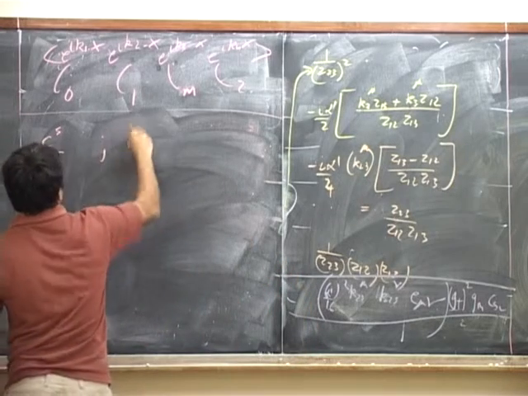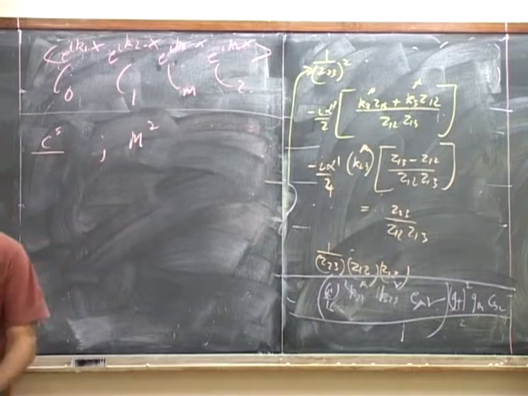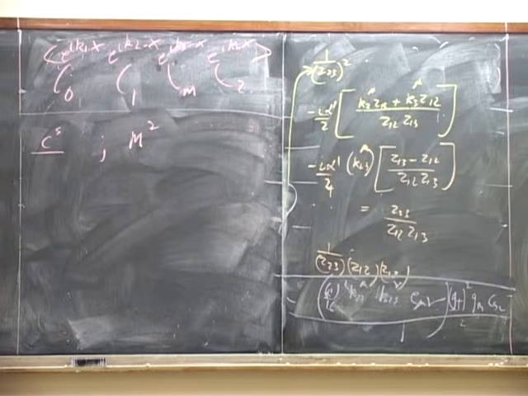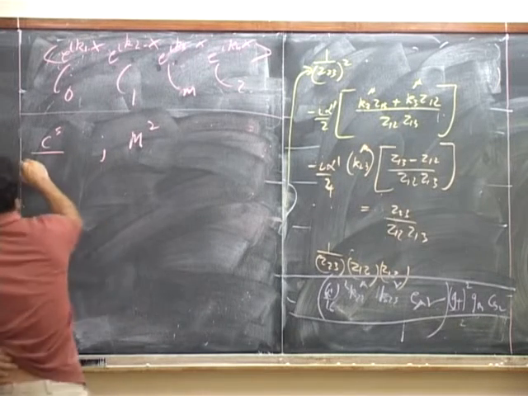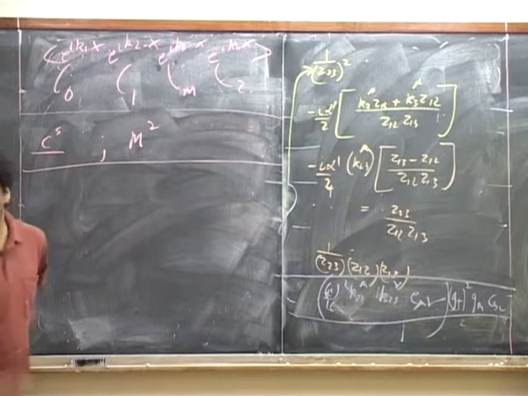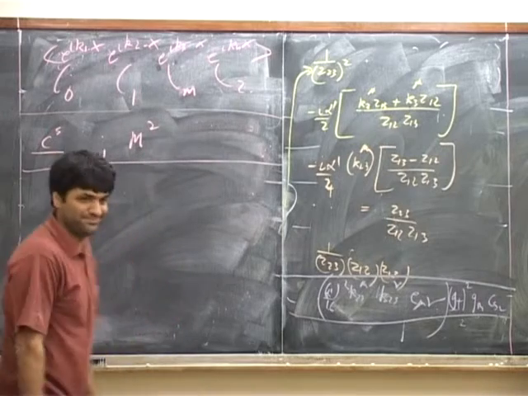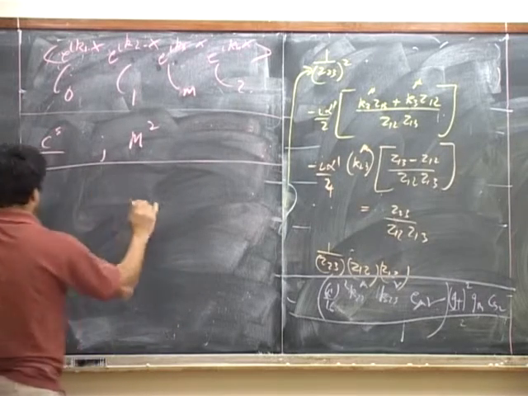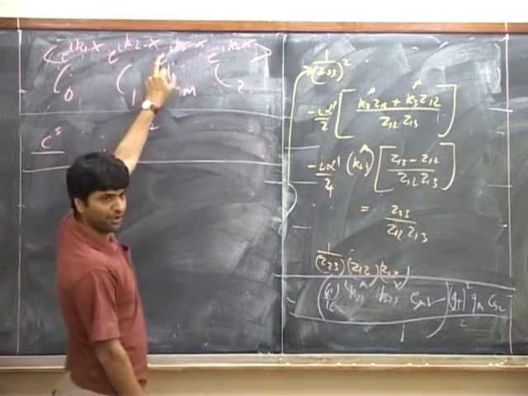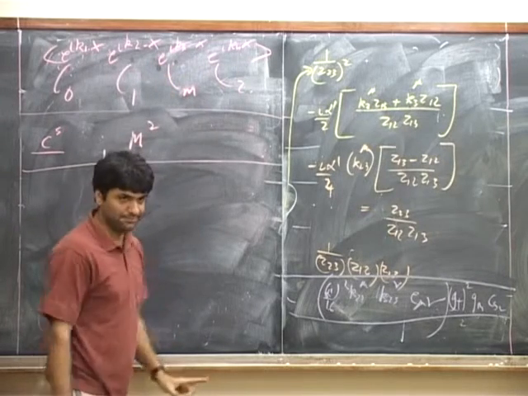So from the C's we get M squared, because Z32 and Z31 are each M, which becomes very large. This is what we got from the C's. Then what we get from the X's involves the K's. There are 6 Z's. We're only keeping track at the moment of M and something else.